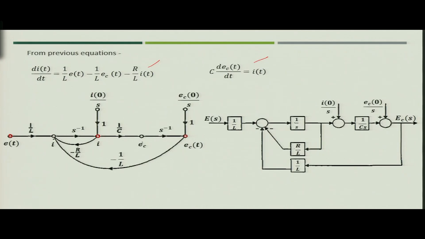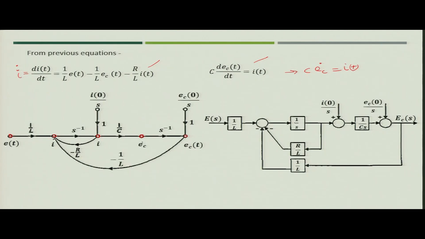Now, to show this particular equation, what we need? We need di by dt. So, we add another node, that is called I dot, because di by dt you can also write as I dot, and dEc by dt you can also write as EC dot, equal to I. So, you specify I dot and also EC dot.